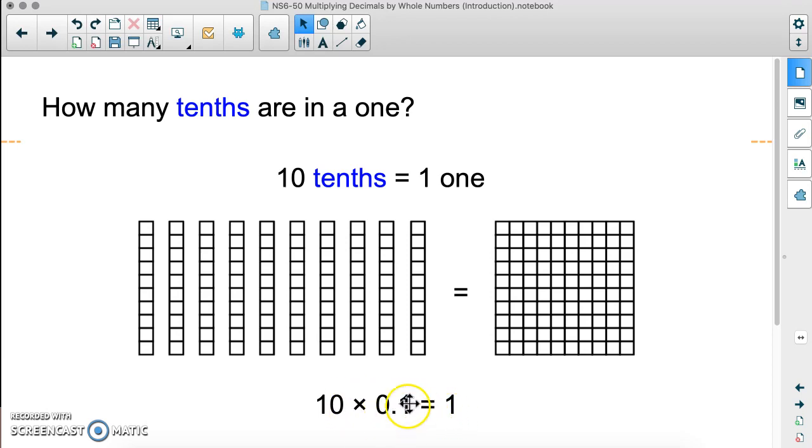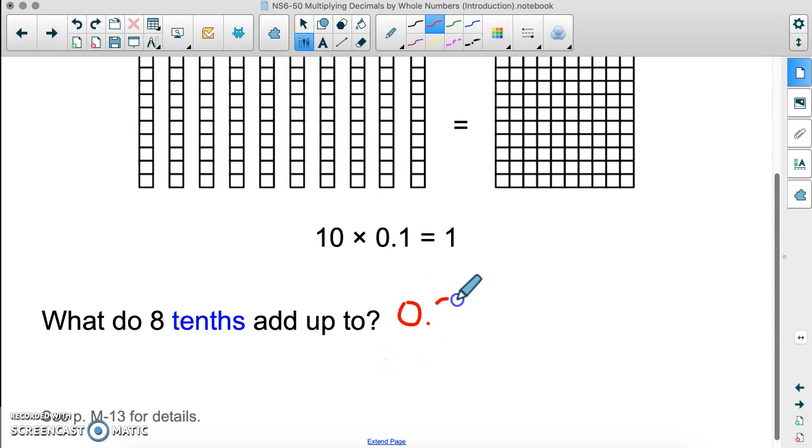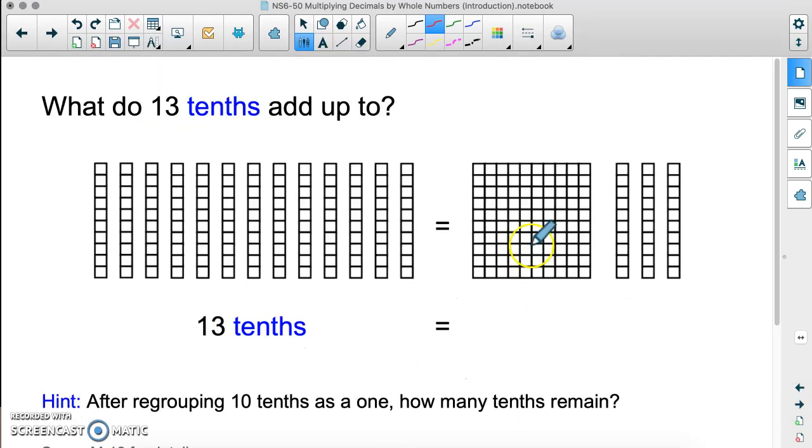What did I do with this decimal here? Well, I moved it over 1 to the right. So what do 8 tenths add up to? Well, if I had 8 tenths, it's going to add up to 0.8. We could also represent this as 8 times 0.1, times a tenth, equals 0.8. Okay, now what do 13 tenths add up to? So there's 13 tenths.